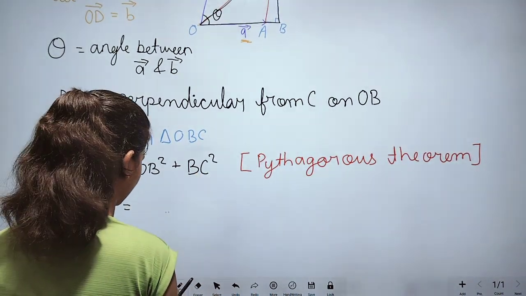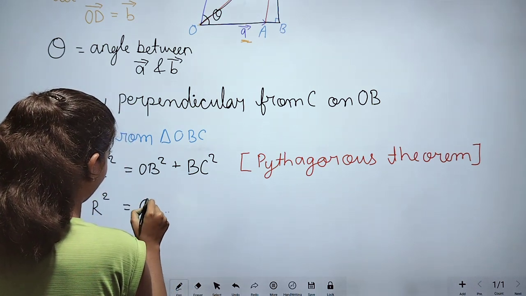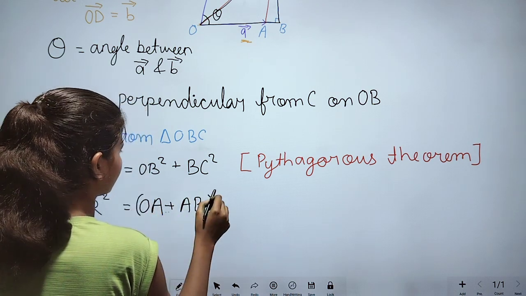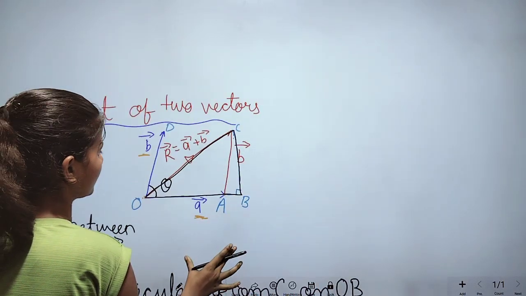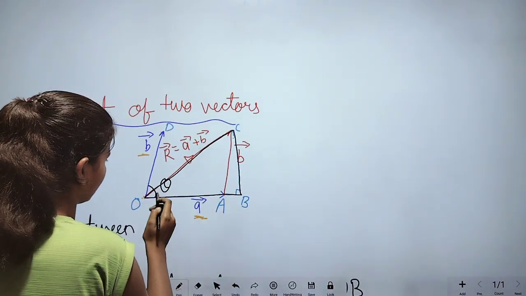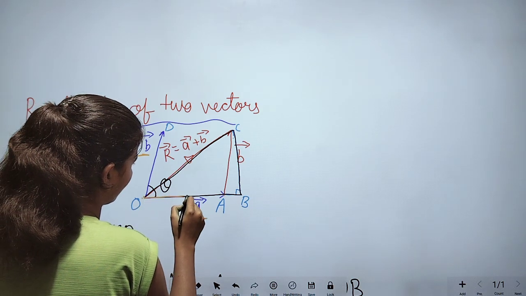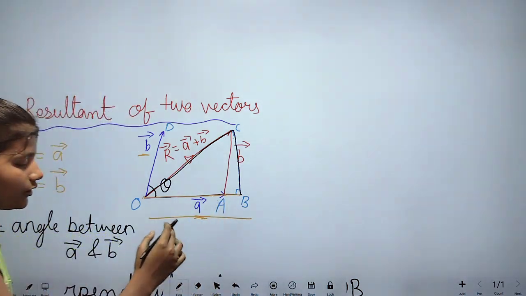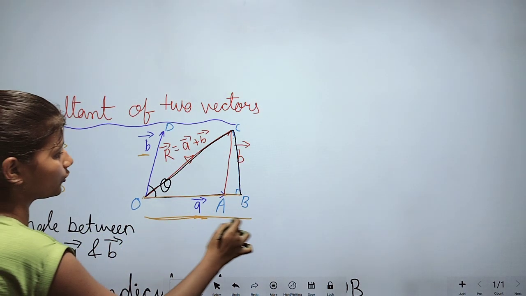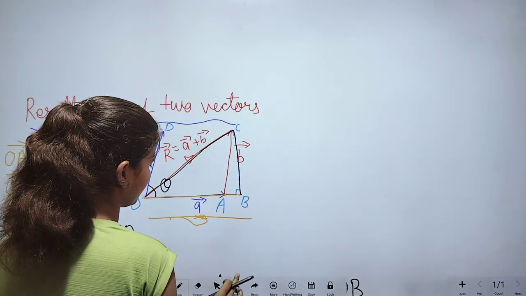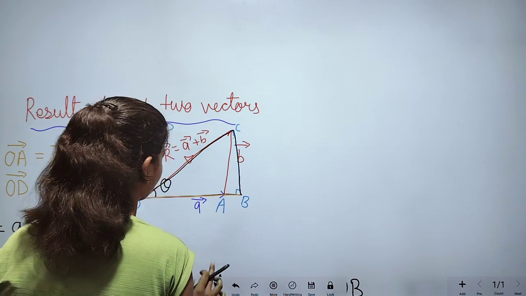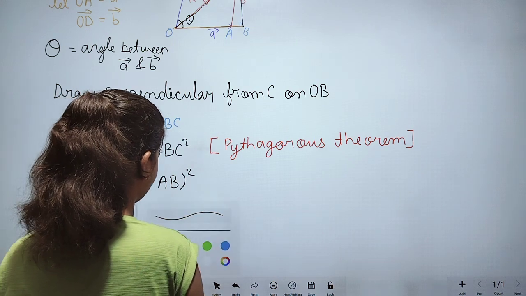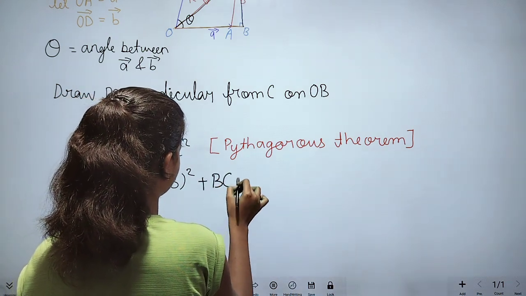So write down here (OA plus AB) square, because here you can see that OA plus AB is equal to OB, plus BC square.